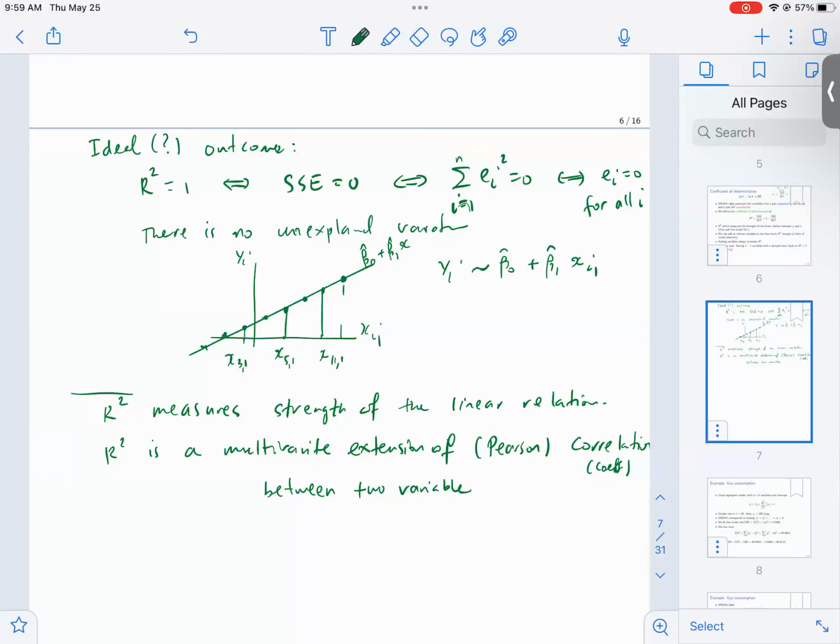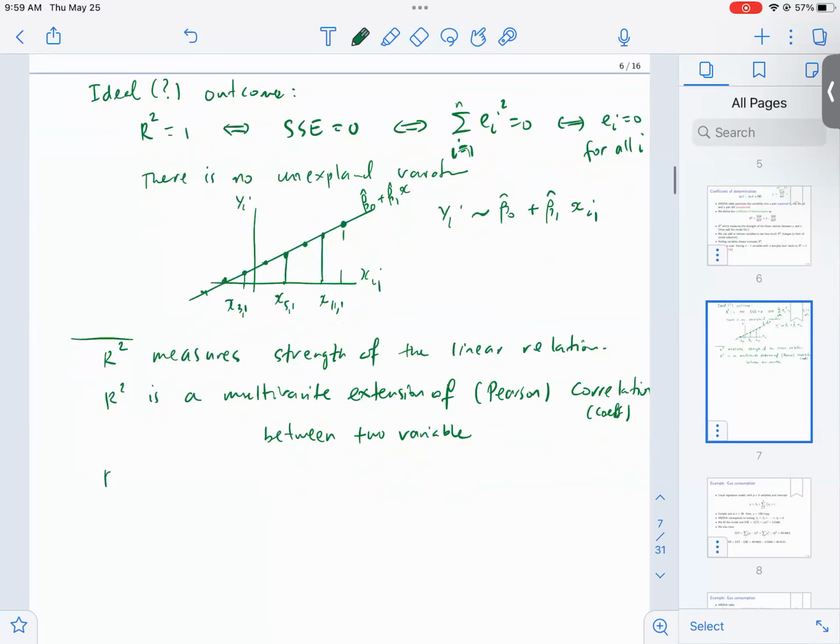R squared is different from the effect size. This is another jargon term that people use in applied statistics.